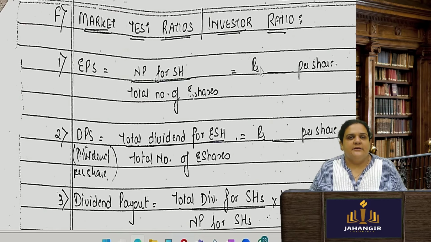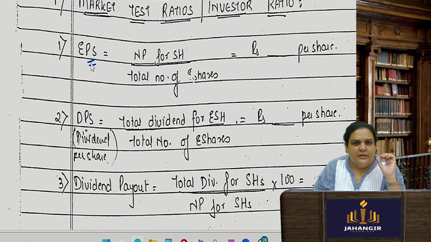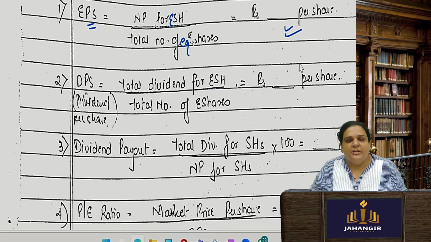Then investors ratios or market based ratios. This is all about earning per share, dividend payout, all that. So earning per share is all the profit which is now available only for equity shareholders upon total number of equity shares. That will be your earning per share. Dividend per share will be the amount of total dividend upon number of shares.